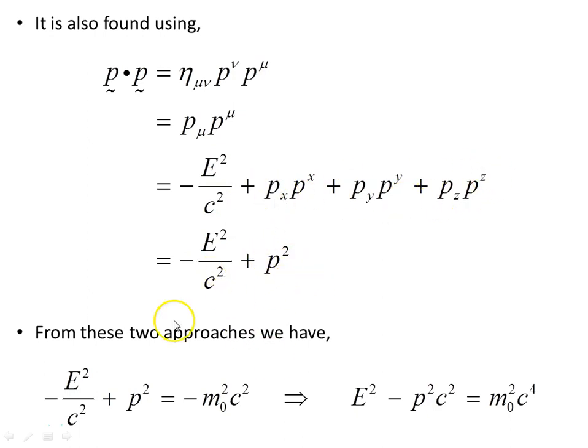From these two approaches we can see that this last object is equal to this. Now, just to make it look a little more pleasant, we multiply through everything by minus c squared. We have E squared minus p squared c squared equal to m0 squared times c to the power of 4. And notice there's no gamma in here.